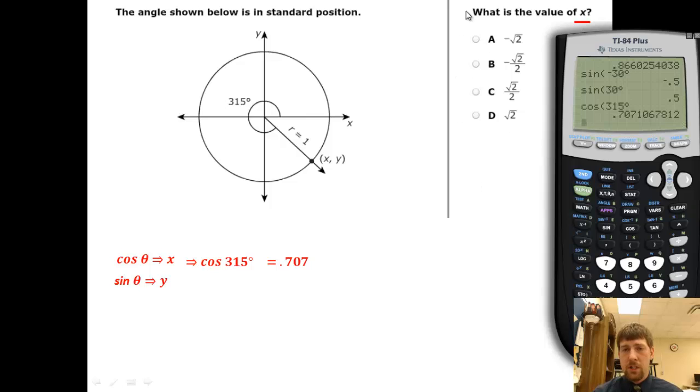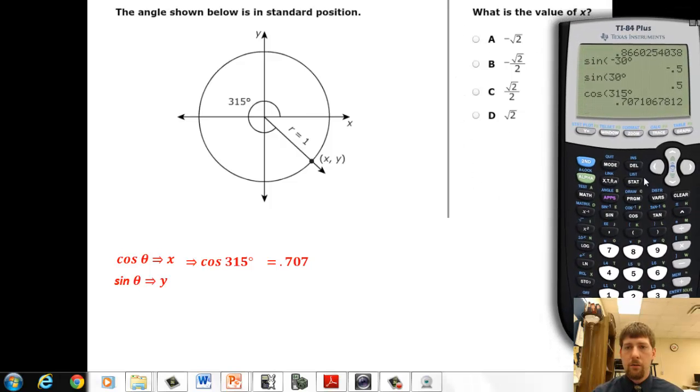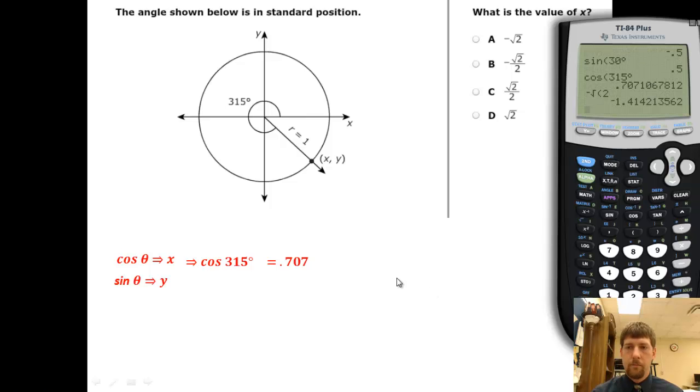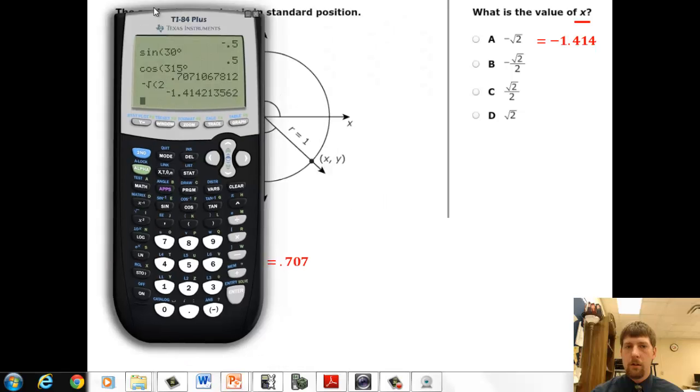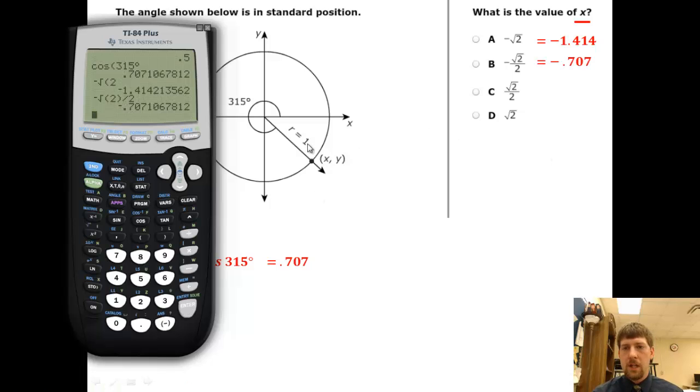We just want to see which of these four choices equals 0.707. So if I do negative square root of 2, negative 1.414, that's no good. Negative square root of 2 over 2, negative 0.707, we're trying to get positive 0.707.